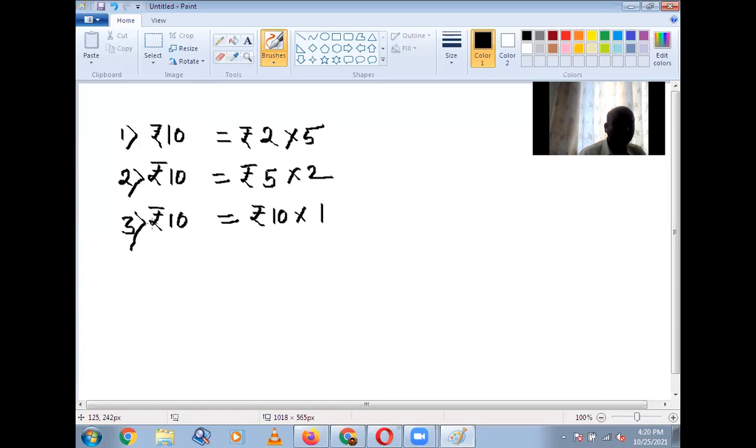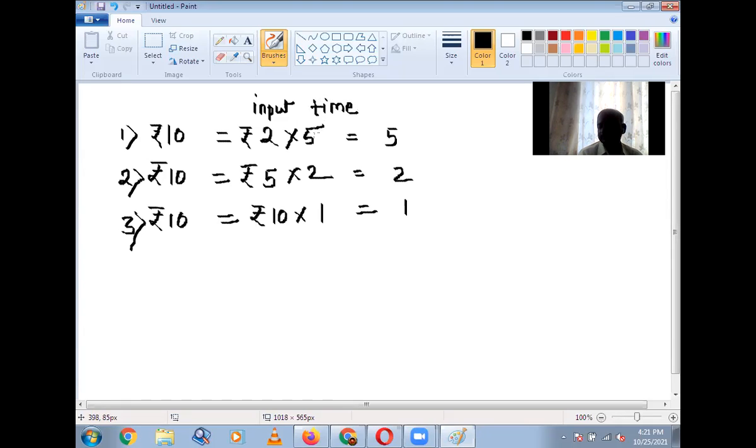Then what is the average time taken? Here, suppose time is 5, here time is 2, here time is 1. What is the average time taken for different inputs? Here input is 2 rupees, 5 rupees and 10 rupees. Here this is input and this is time.